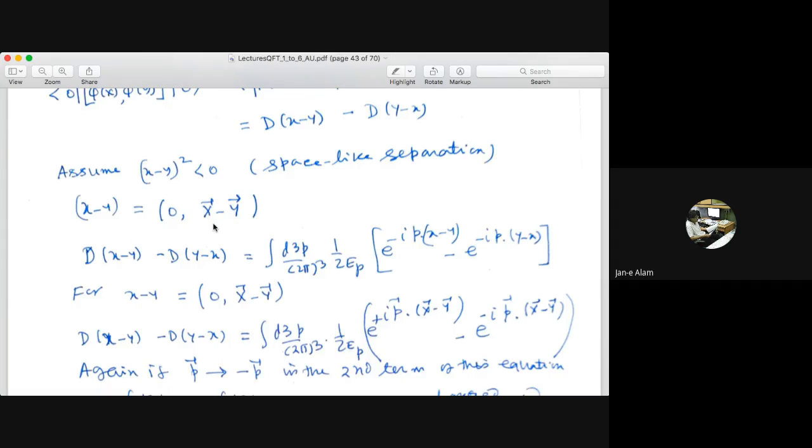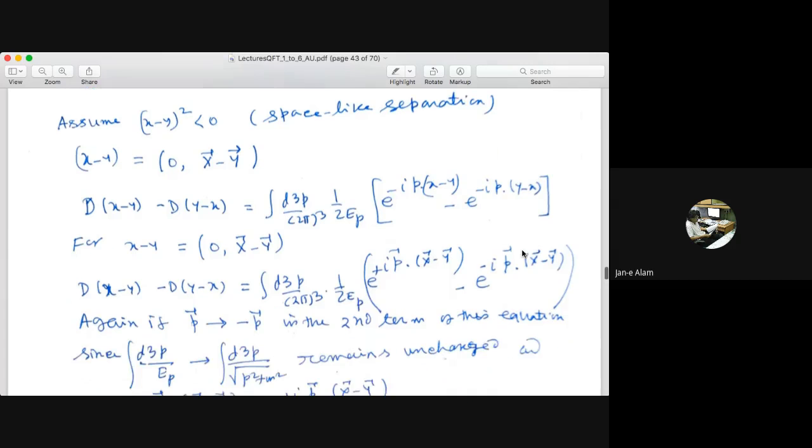So for x minus y, if I put the temporal component equal to 0, then D(x minus y) minus D(y minus x), which I calculated in the third or fourth lecture, becomes like this. I have taken x0 minus y0 equal to 0, so the temporal component goes away and I have only the spatial component.